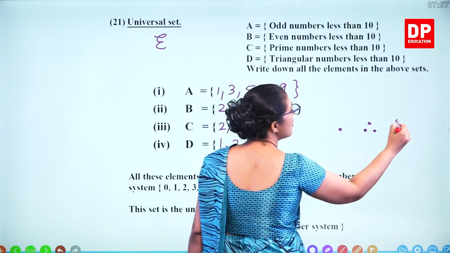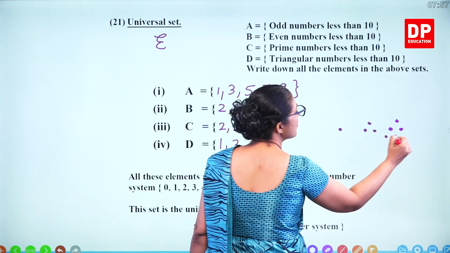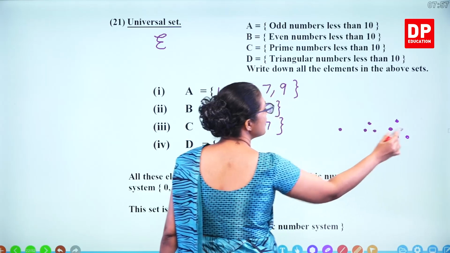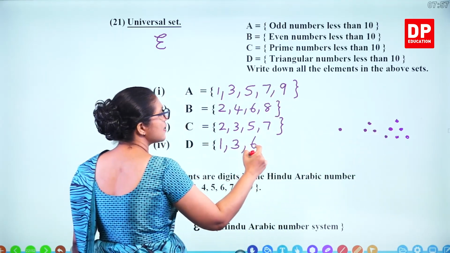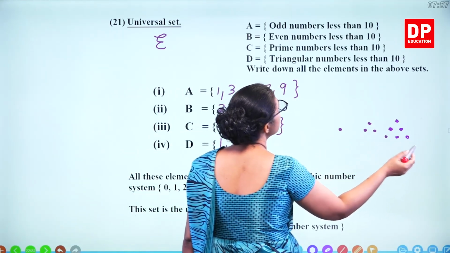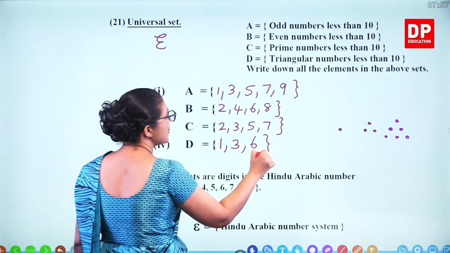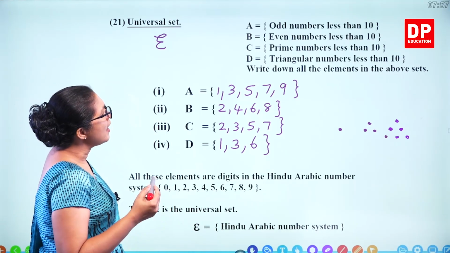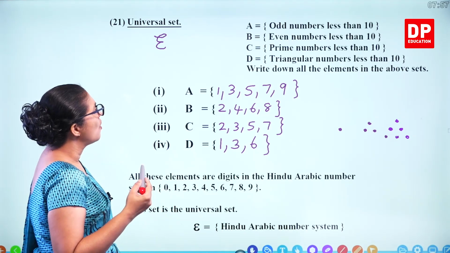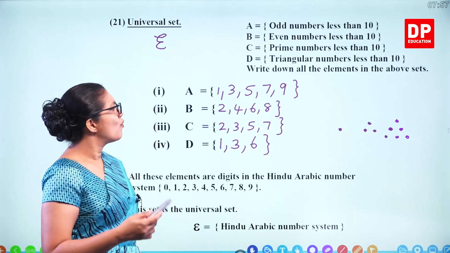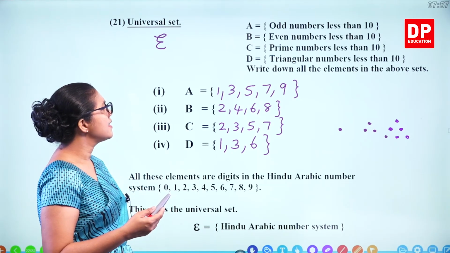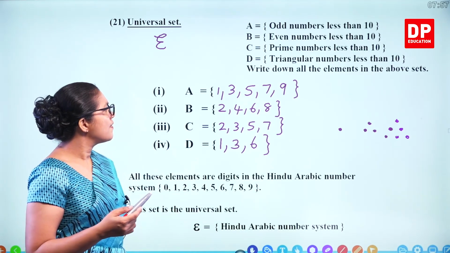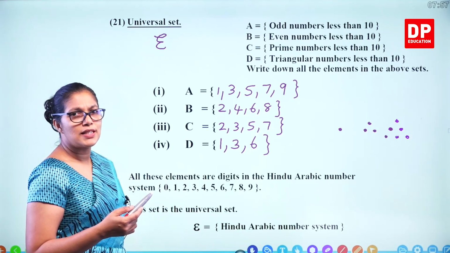Then you increase the number of rows: 1, 2, 3, 4, 5, 6. Then you get 10. But less than 10, so don't write 10 there. So 1, 3, 6. So look at these numbers. 1 is there, 2, 3, 4, 5, 6, 7, 8, 9. All digits are there. So what are those?